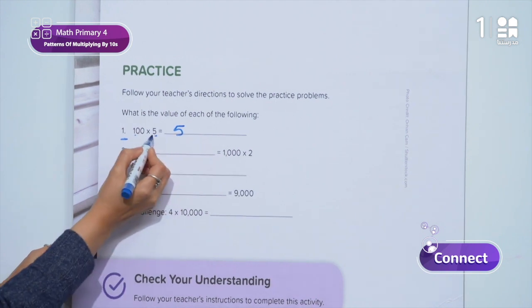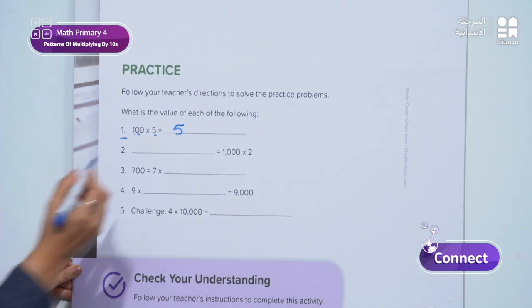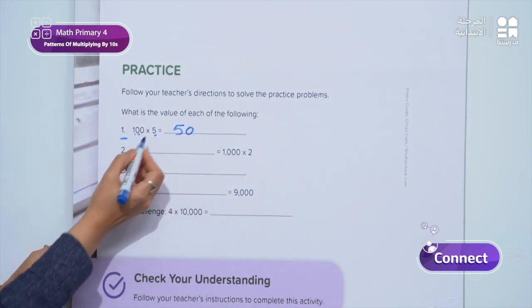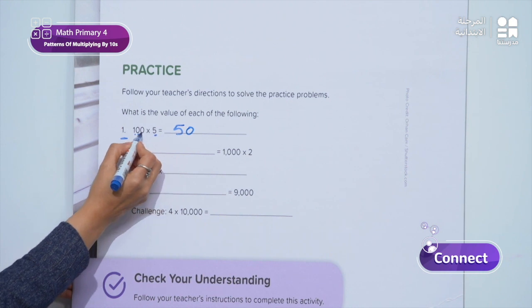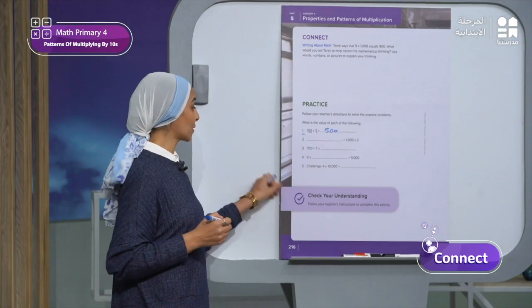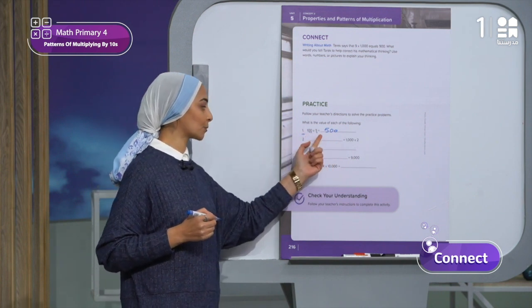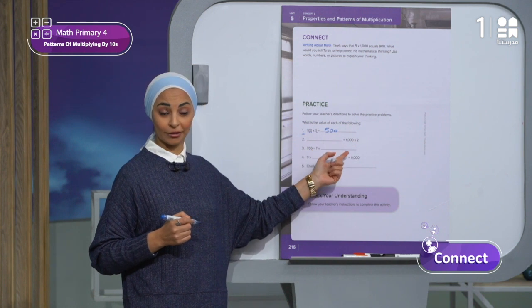Then I will multiply 5 times 0. Any number times 0 gives me 0. And then I have another 0, so 5 times 0 gives me 0. So the answer is 500. Again, 100 times 5 gives me 500.